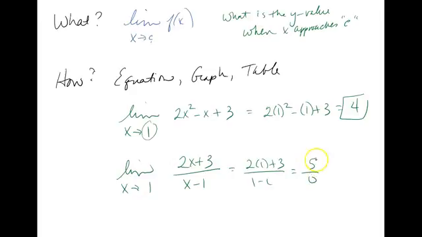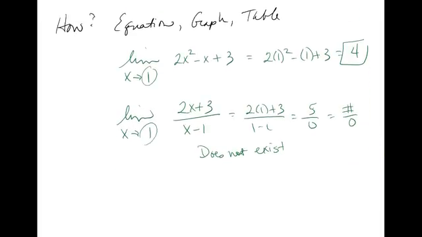Anytime you get a number over 0, this actually means that there is a vertical asymptote. And if there's a vertical asymptote happening at 1 on the graph, then the limit does not exist, because the graph can't approach a specific y value with a vertical asymptote there. So anytime it's a number over 0, you can pretty much assume the limit does not exist.